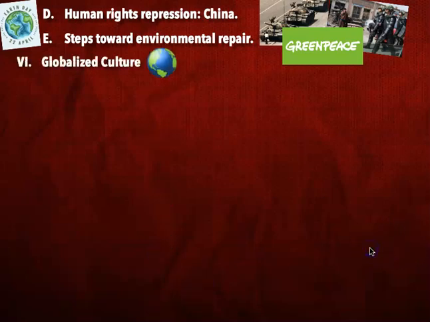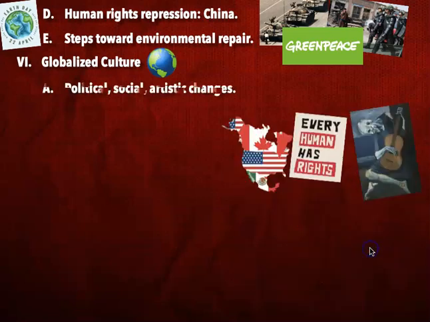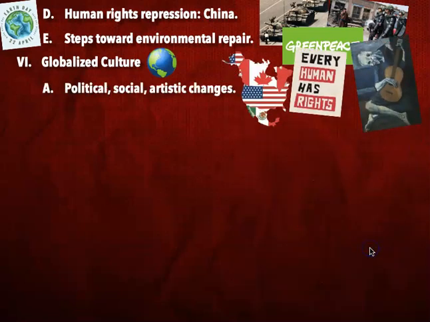There is that. And then globalized culture, Section 7 here. We'll look at this in terms of kind of a lot of different ways. We can talk about how we've seen these changes.